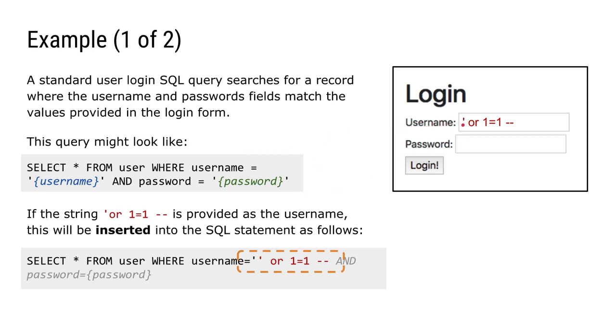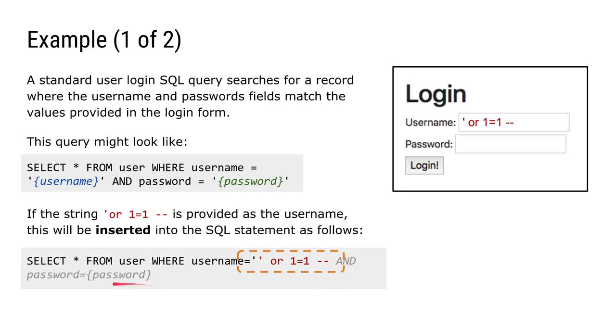Now if we provide this particular string of closing quote or 1 equals 1 hyphen hyphen, that gets inserted into here. So our SQL query now says select everything from user where username equals blank or 1 equals 1. And then we've got this hyphen hyphen, and in SQL hyphen hyphen is the prefix for a comment, so the database engine just ignores everything after that.